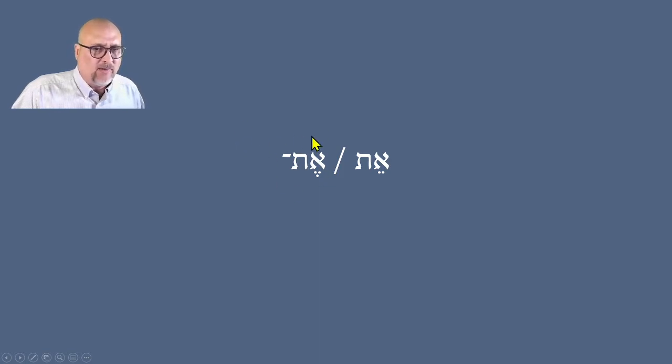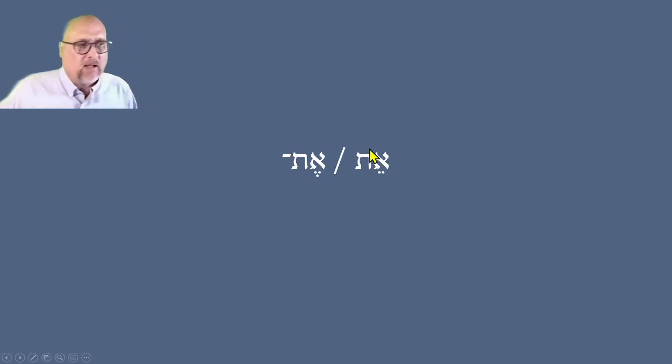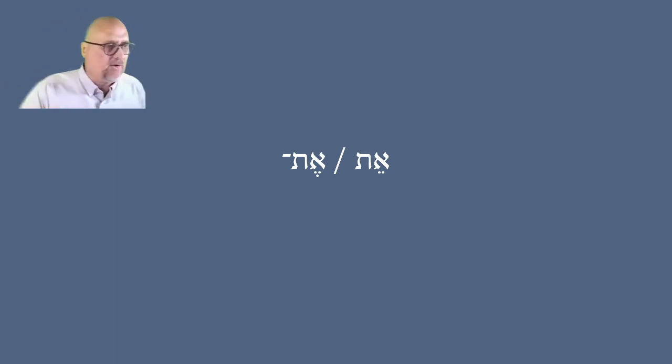I mean, that's what this word et means by itself, is sign. And I guess it's the sign of the direct object. But in reality, for English speakers, there's no difference whether it has a makaf or not. So you just have to learn both of them as the definite direct object marker.